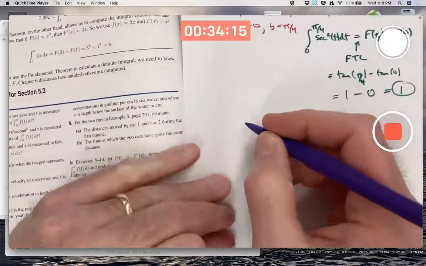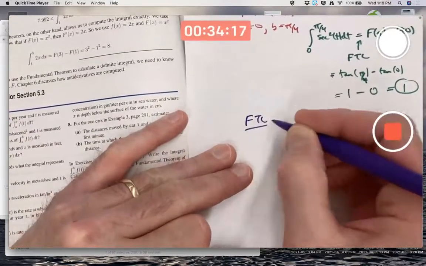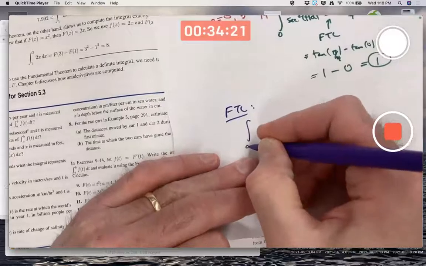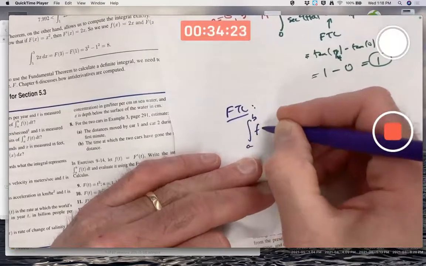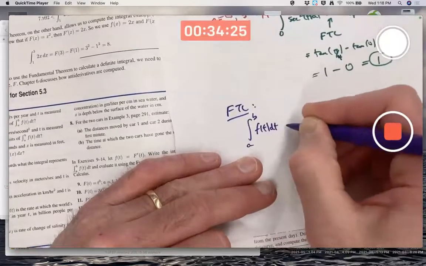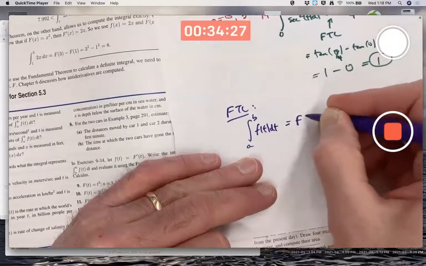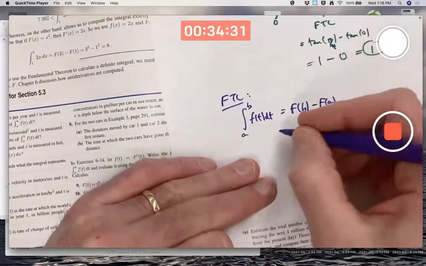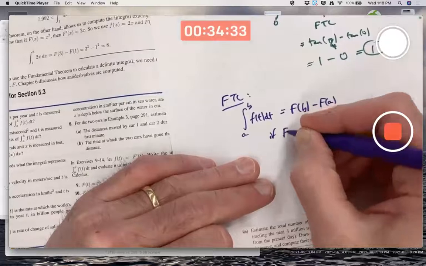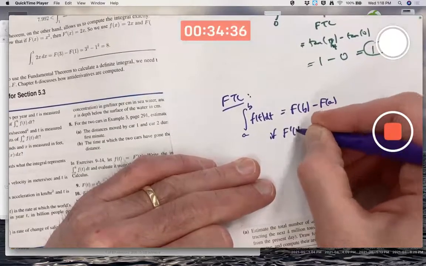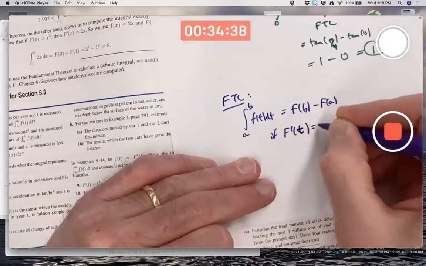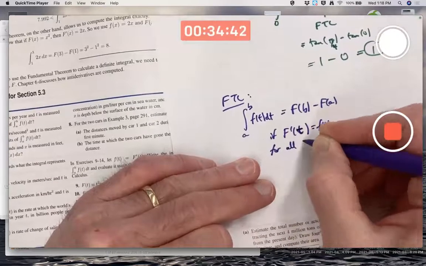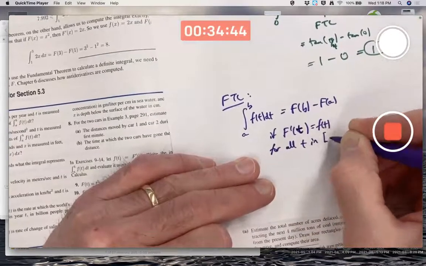The FTC essentially says that this kind of integral can be computed by doing capital F of b minus capital F of a if capital F prime of t equals little f of t for all t in the interval from a to b.